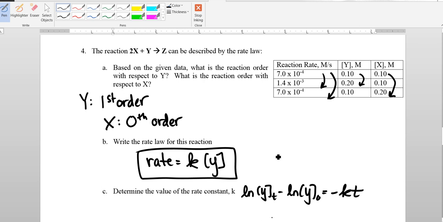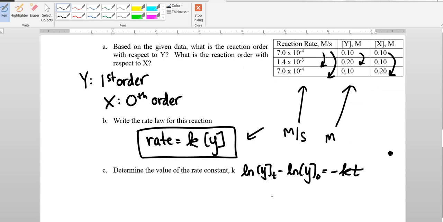No, actually, I don't have any time data. So you have to use the first one right here, because what we know is rate data and molarity data. So we can't use the integrated rate law. We're just going to use the regular rate law because we're given rate and molarity data.